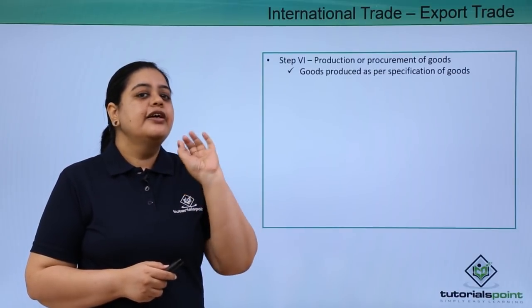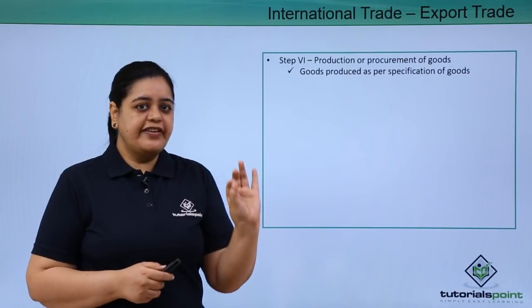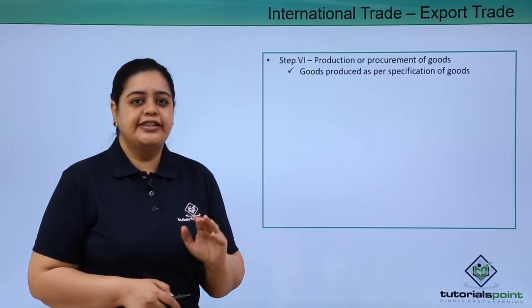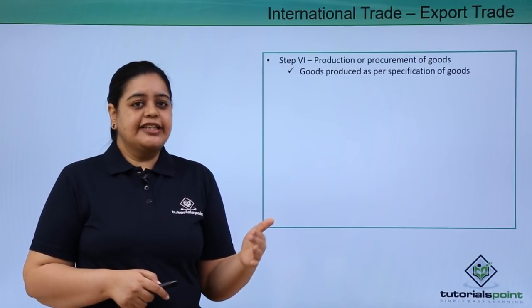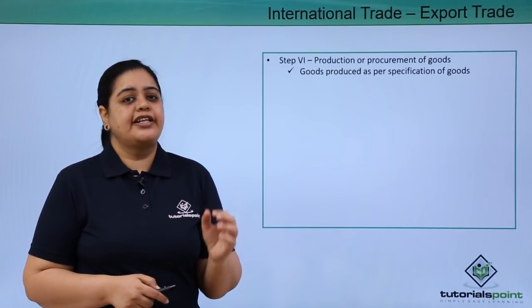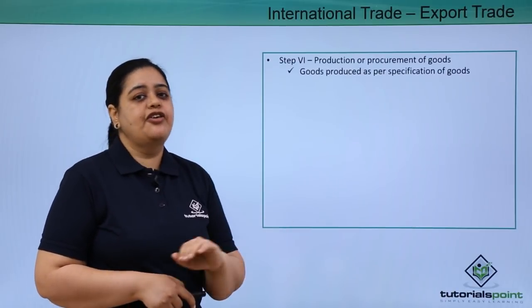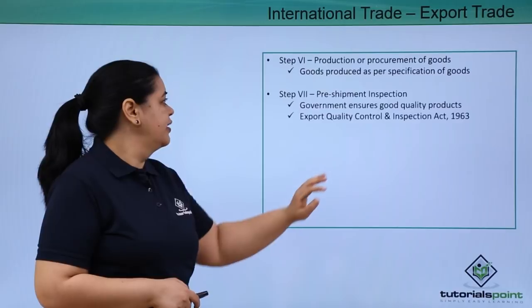Even if there is a 0.01% deviation from the print which was given, the goods are liable to be rejected. And when the goods get rejected because of quality, the exporter has to bear a tremendous loss. So ensure that the goods are of specified quality.